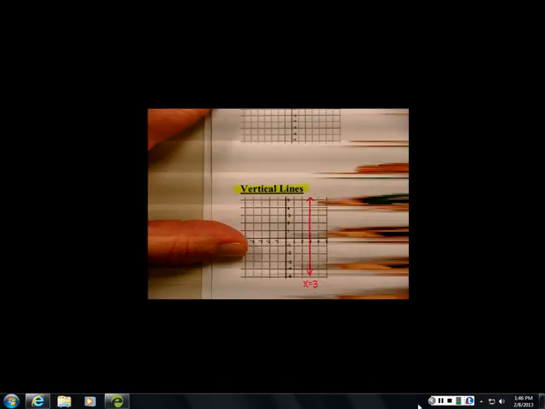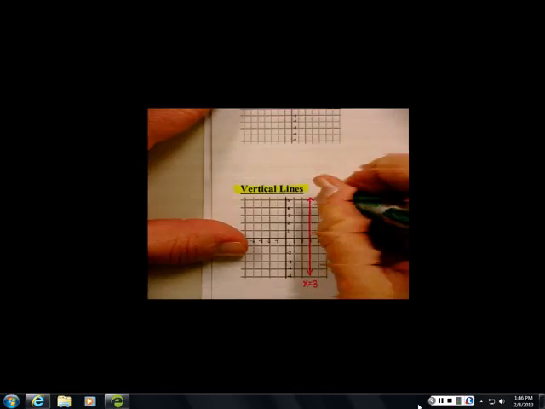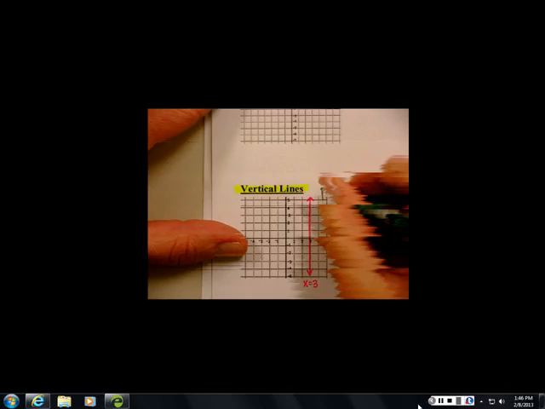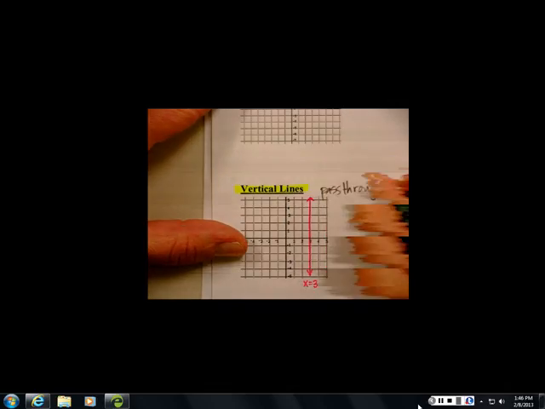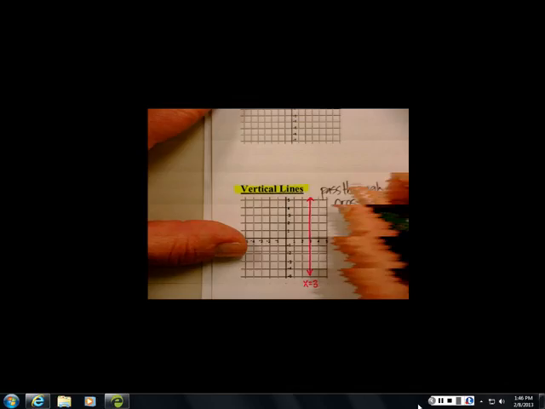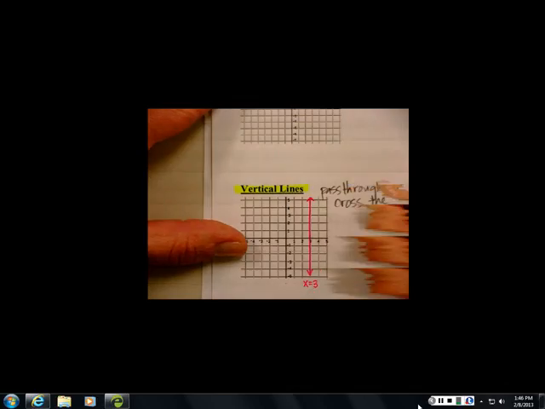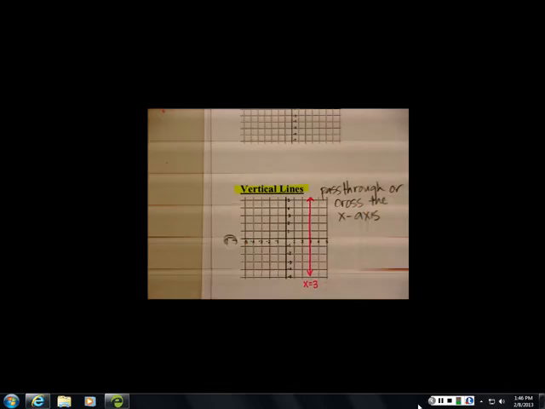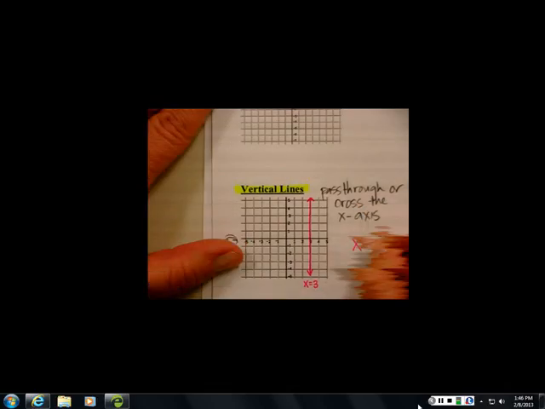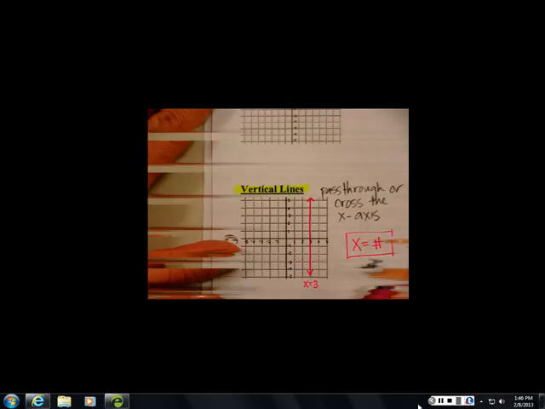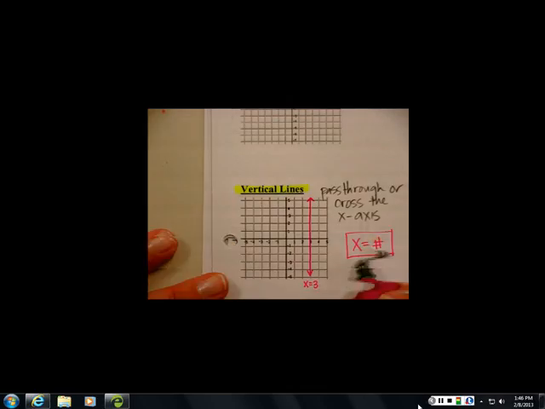Vertical lines pass through or cross the x-axis, and the equation for a vertical line is going to be x equals some number. This tells me that it's going to cut through the x-axis here.